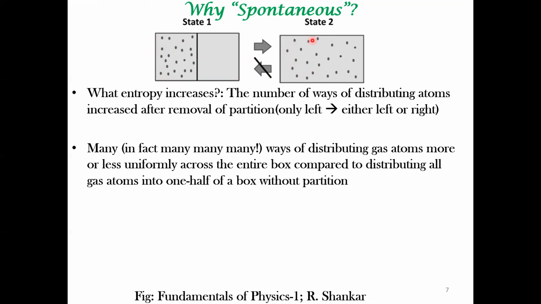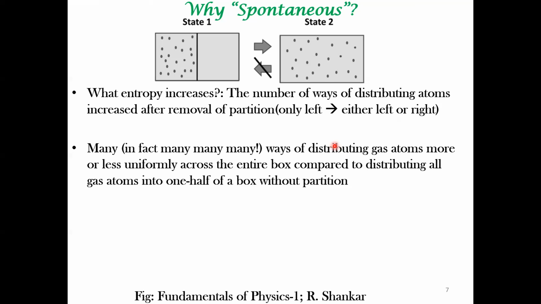The reason why the gases are uniformly distributed is that the number of ways of gas being uniformly distributed is much more than the number of ways of it being non-uniformly distributed. So it is just a matter of combinatorics. It's a matter of numbers. This is the way large numbers, when you have a large number of atoms, behave.